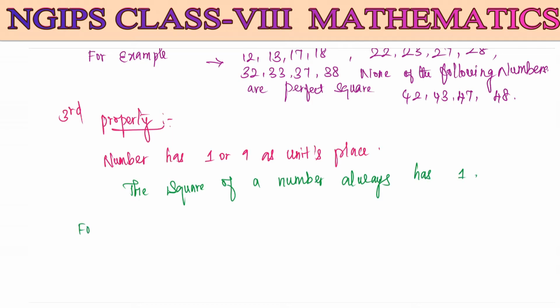For example, 1 square is going to be 1, and 9 square is going to be 81.